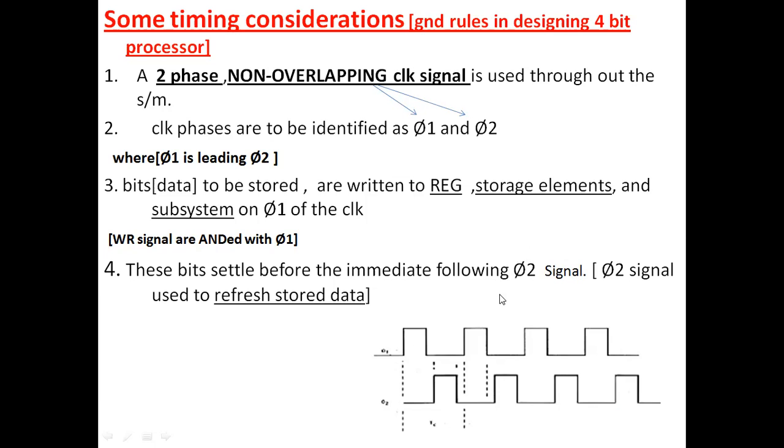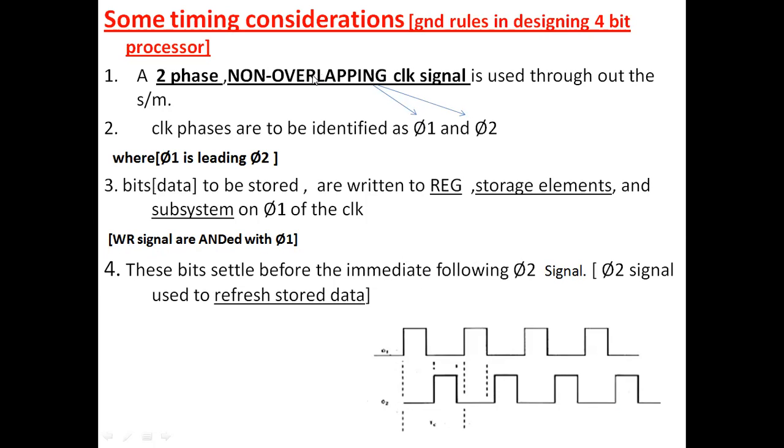So we can use this phi1 clock signal for the read operation as well as for the write operation. And usually this phi2 clock will be used for the refreshing of data stored in the memory element. Remember this.